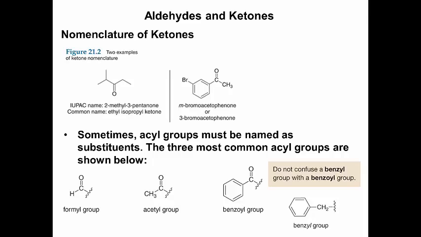A benzyl group is a benzene ring with a CH2 substituent, whereas a benzoyl group is a benzene ring with C double bond O present on it. So when a C double bond O is present on a benzene ring, it is called a benzoyl group.